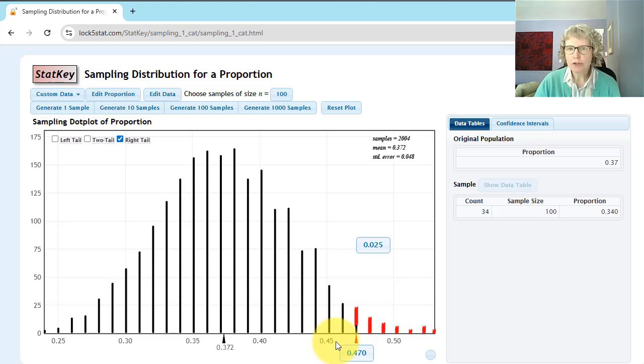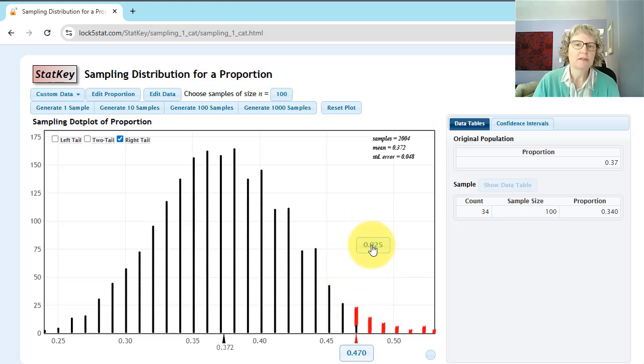We're in proportion land, so this is the proportion in the sample that had type O positive blood, okay? You can see the mean is right about 0.37. We want to know the chance of getting 0.42 or higher, so I need to change this bottom box.